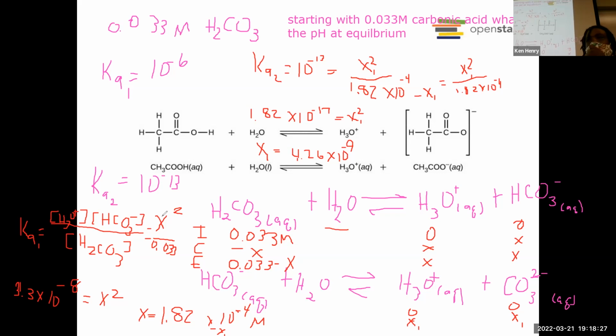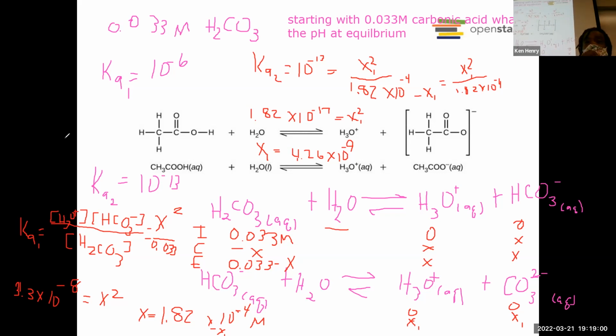What I'm saying is that if the second Ka has a pKa that's greater than your first Ka, yeah, it's my fault, let me clarify.